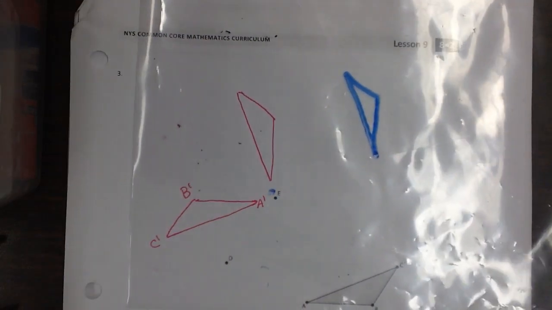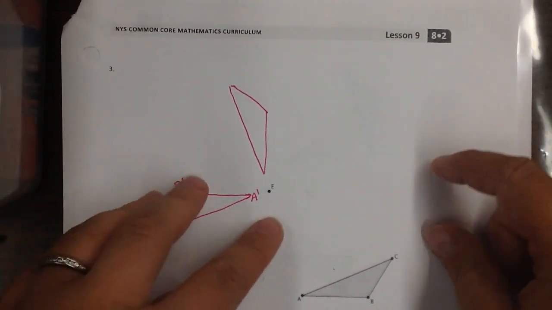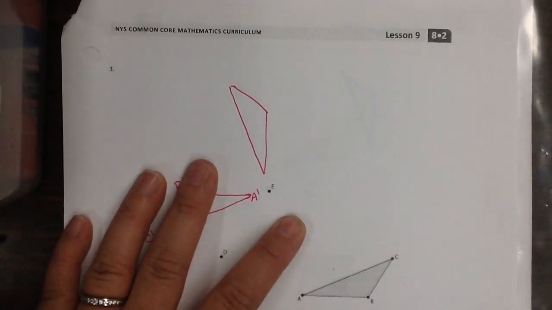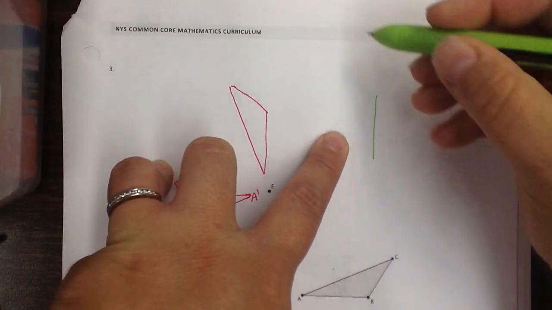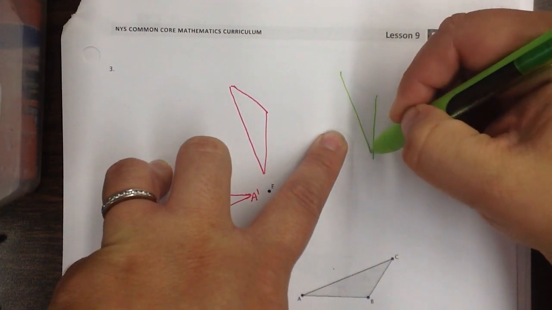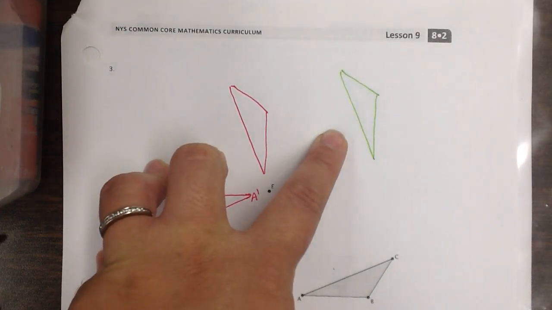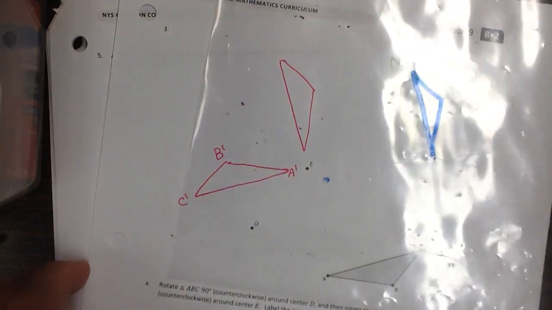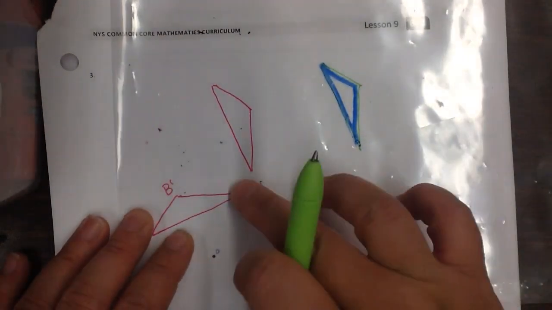Okay, so we'll put it underneath. And then this time we're going to trace it. Okay, and then we're going to do the same thing around D.